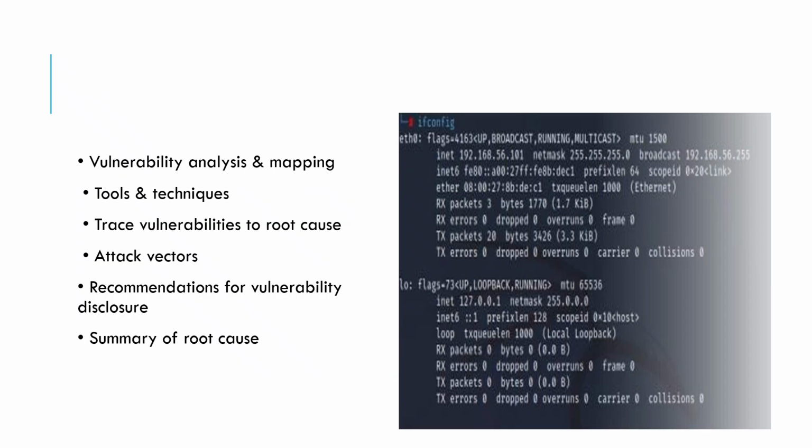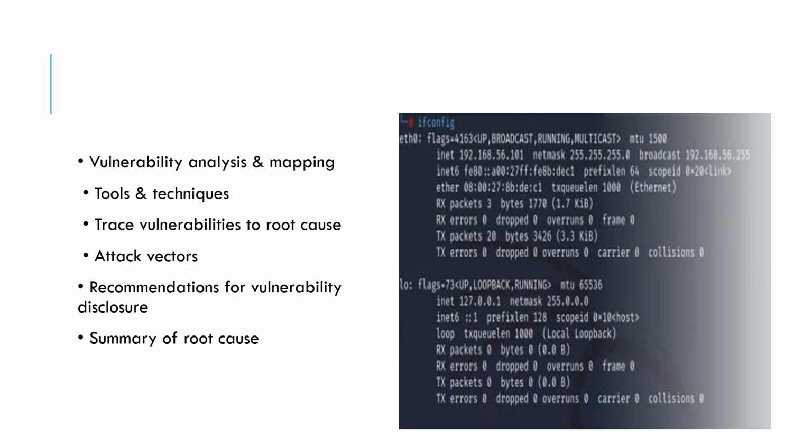Vulnerability analysis and mapping, in which various tools and techniques were used to trace the vulnerability to the root cause, also trace the attack vectors, and recommendations for the vulnerability disclosure and the summary were included.